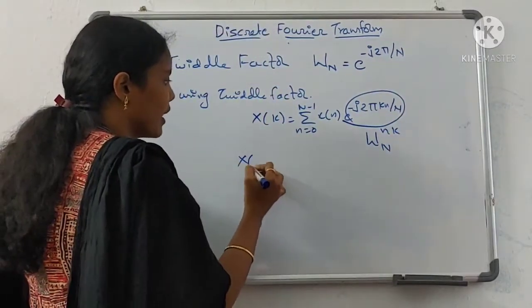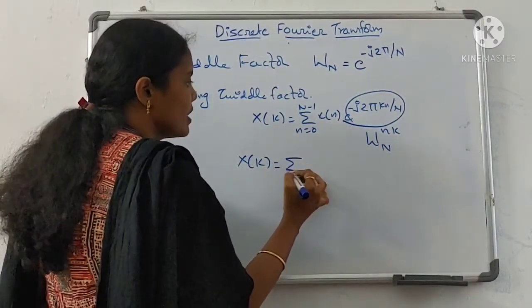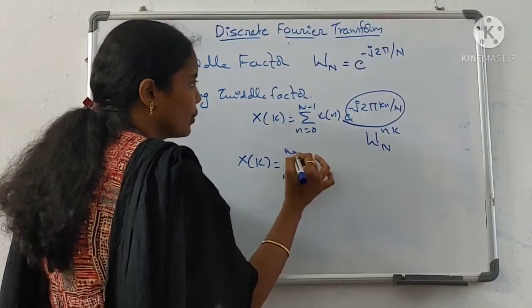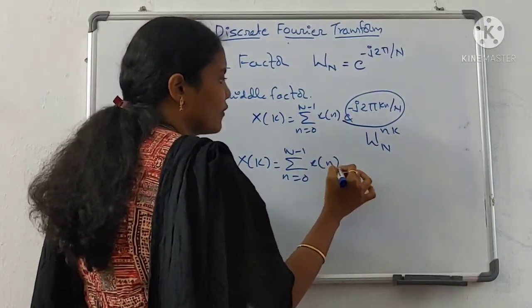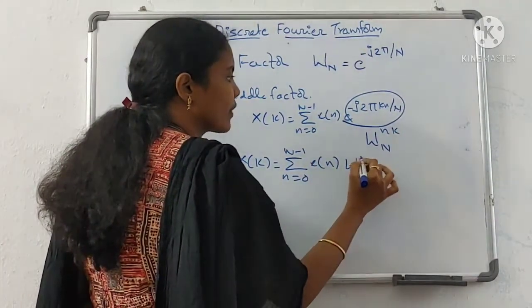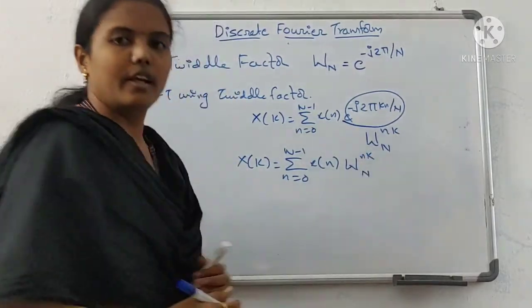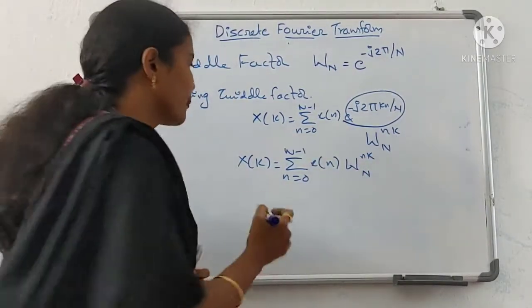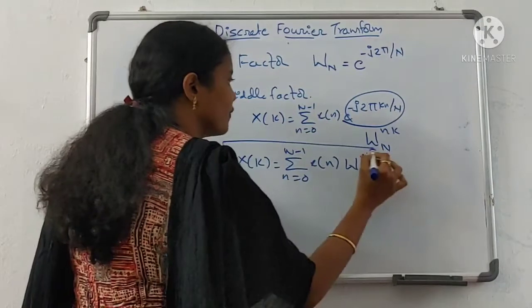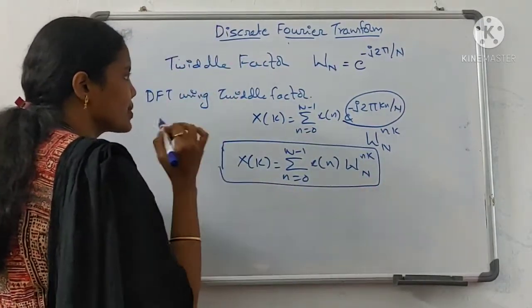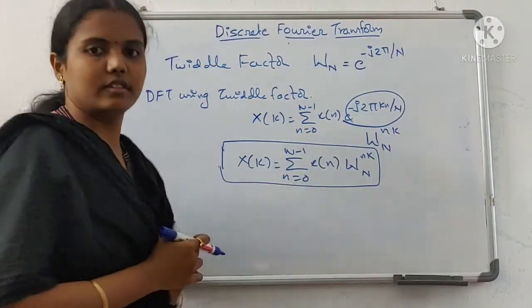That is, x of k is equal to summation n is equal to 0 to N minus 1 x of n W N nk. So this is the formula for the discrete Fourier transform using the Twiddle Factor.